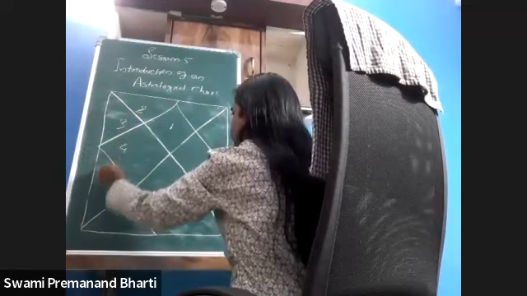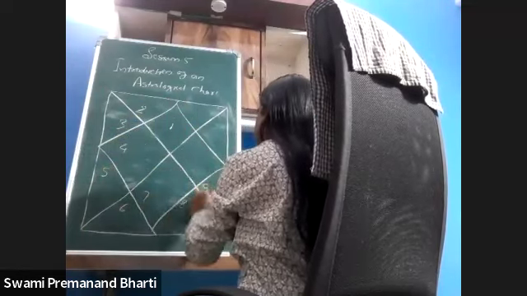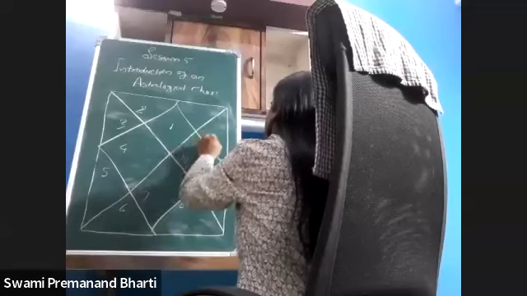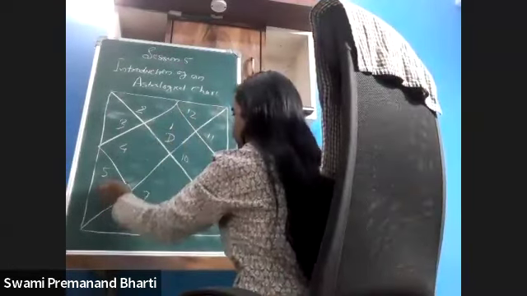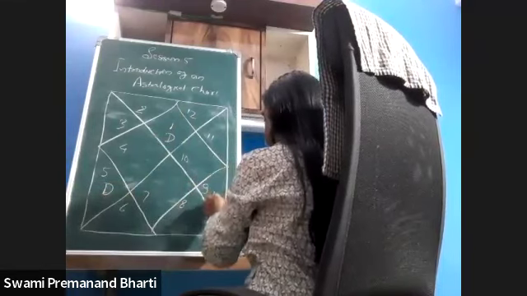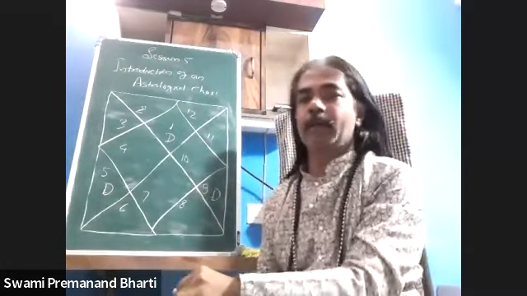Now again, if we make the chart, further categorizations. First, fifth, and ninth are Dharma houses. Dharma means righteous path, dharmic path.